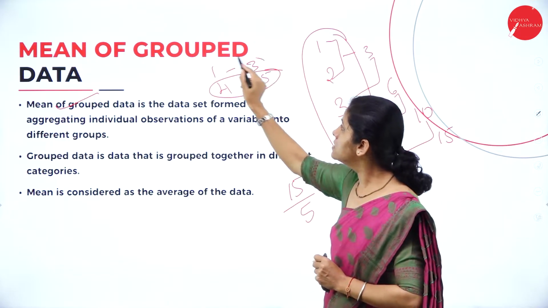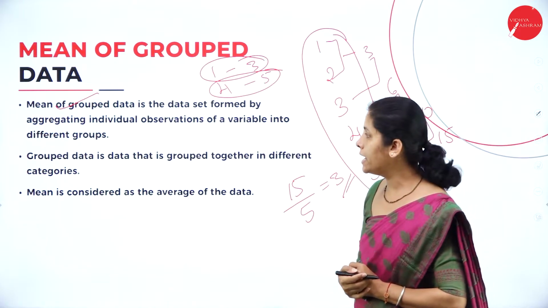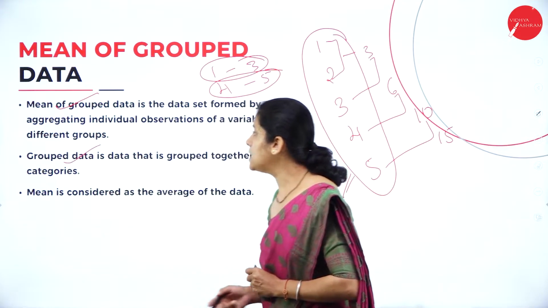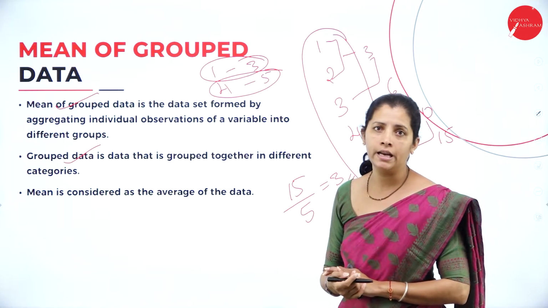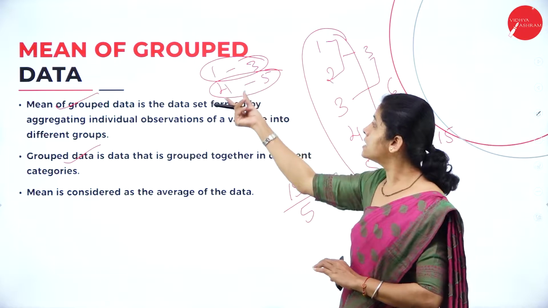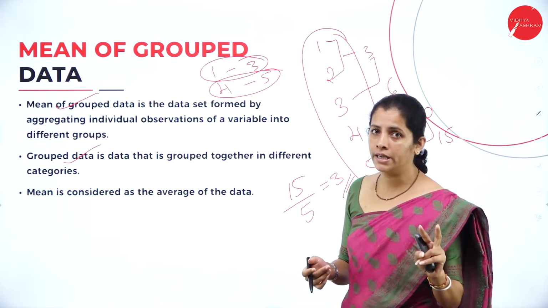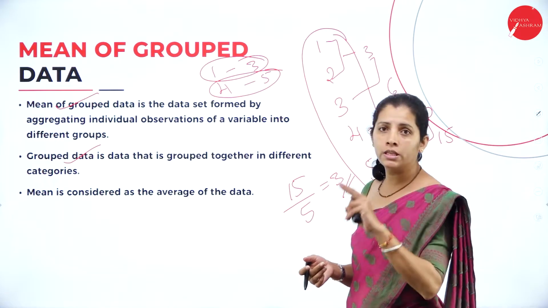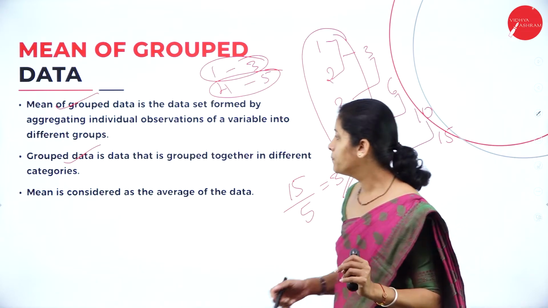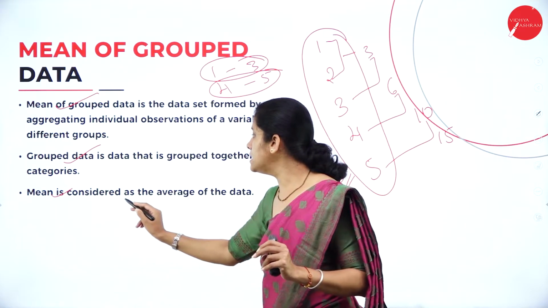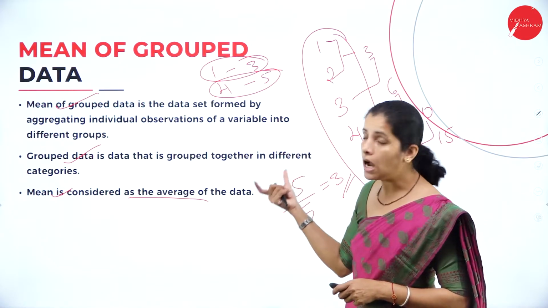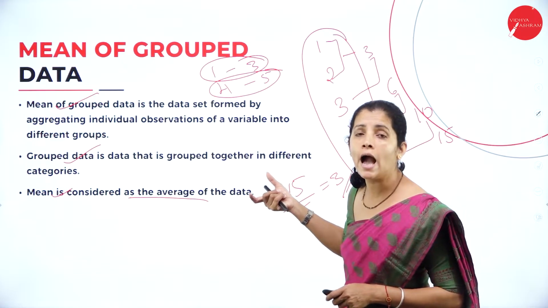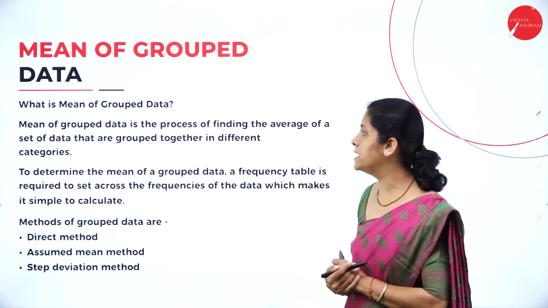This is nothing but the range of the data. Grouped data is data that is grouped together in different categories. So here data are grouped into 2 different categories, that is 1 to 3 and 4 to 5. Mean is considered as the average of the data. So whatever data I have, I want to find the average, that is known as mean.